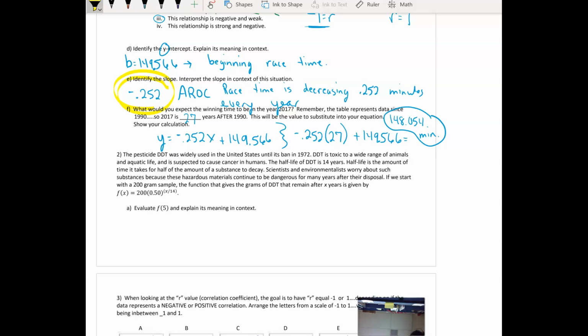So if we start with the 200 gram sample, this function that I'm highlighting right now will allow us to figure out how much DDT there is after X amount of years. So this is just more about a calculator thing. Based on this, remember how I did this in chapter 2? If I wrote the equation here, your decision is to figure out where to put this 5.